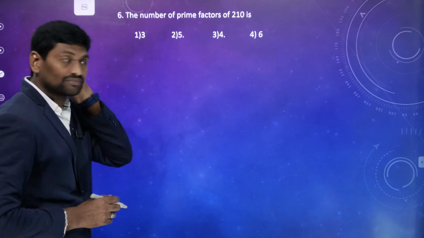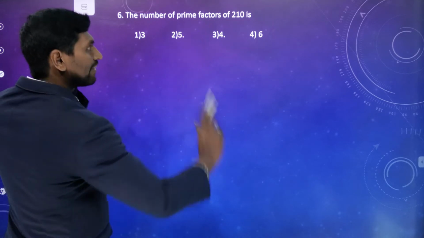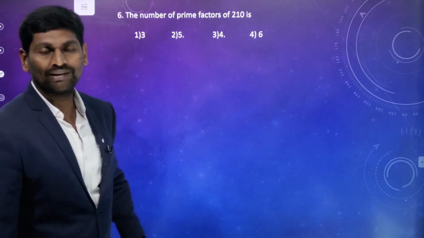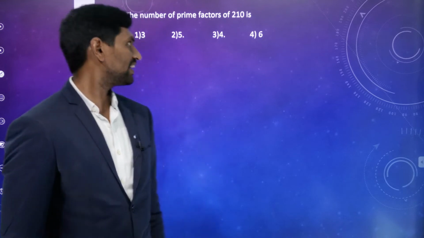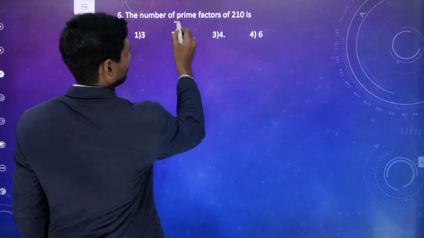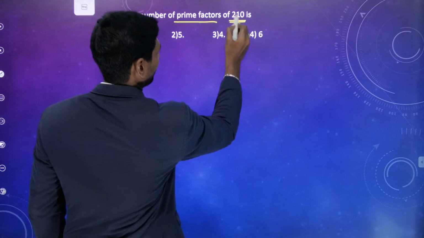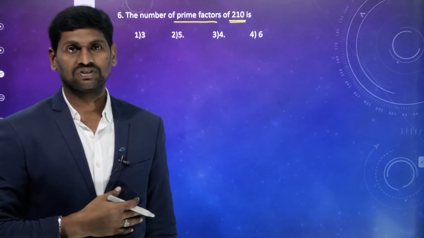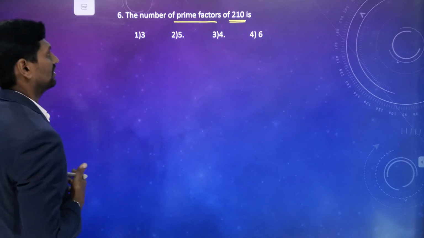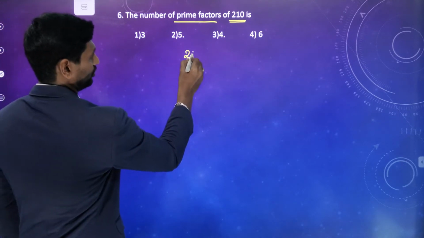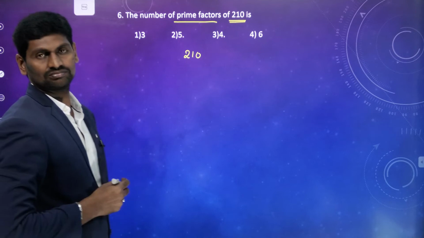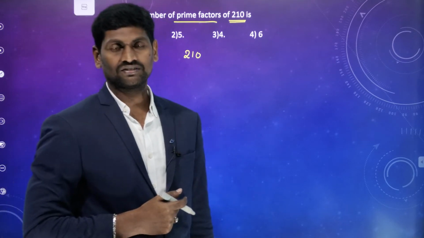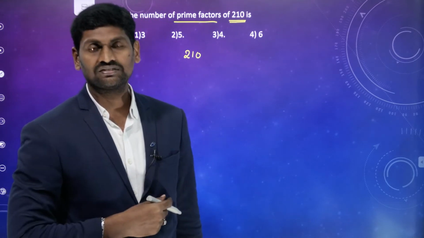Question number 6. The number of prime factors. What is the number we should take? 210. Right. Now find the factors of 210, you know how we find them.